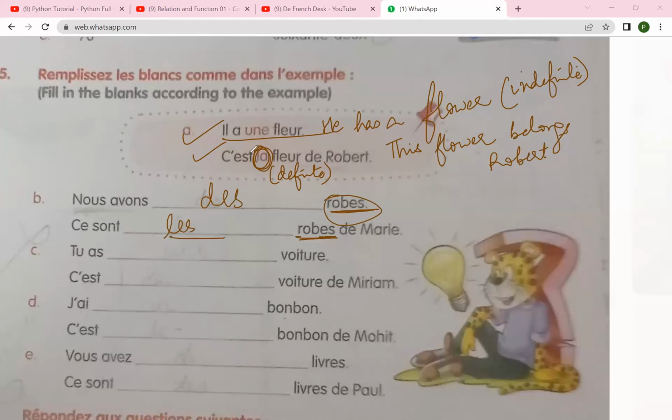In the first one, we are making use of indefinite article because we are not specifying anything about the robes or the dresses. We are just saying that we have dresses. Like we are not specifying or defining what kind of dresses. While in the second sentence, we are defining that these dresses belong to Marie. So therefore, we use article défini. I hope you can make out the difference.